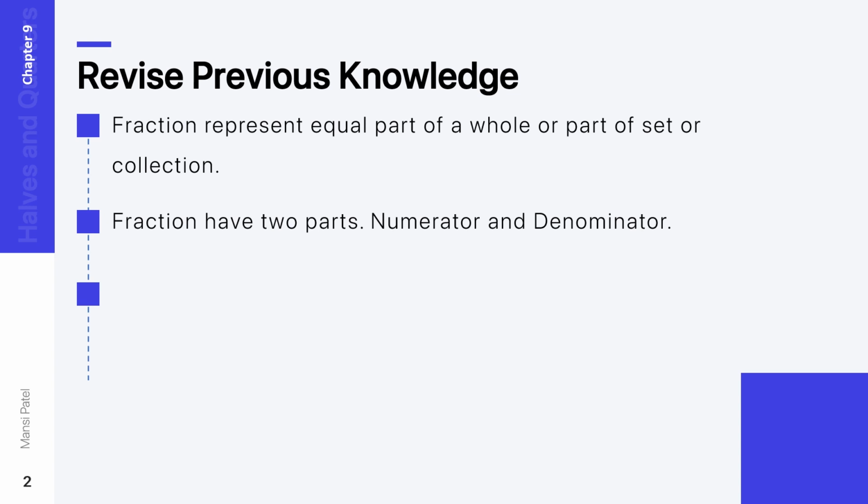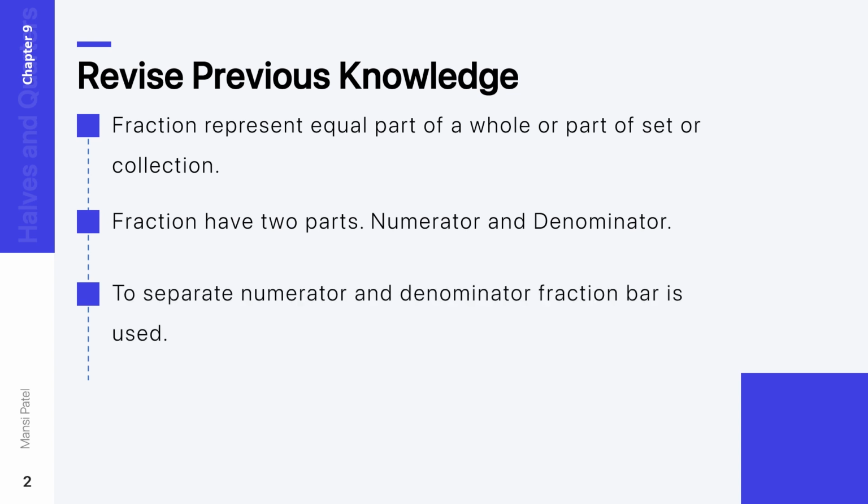The part which is taken, the part which is shaded, that we write down in the numerator. To separate the numerator and denominator, a fraction bar is used. In a fraction we write two numbers, one in the numerator and the second one in the denominator. To separate both numbers we use one line. That line is known as the fraction bar.